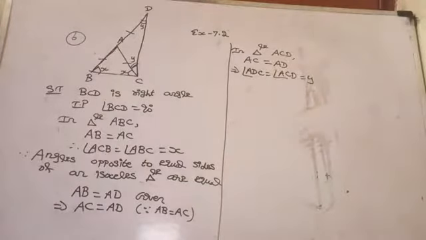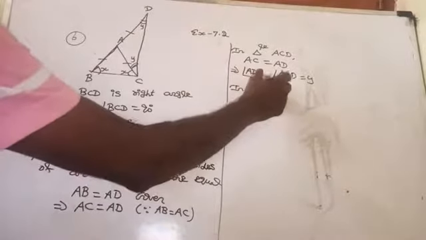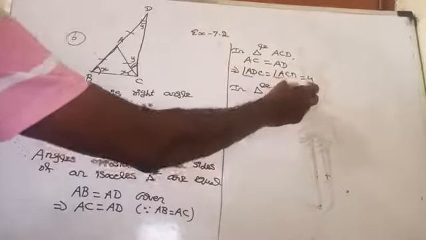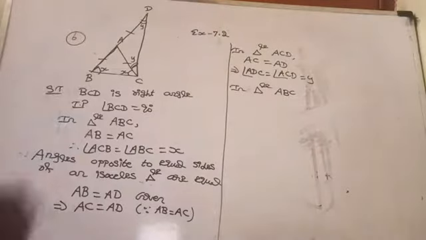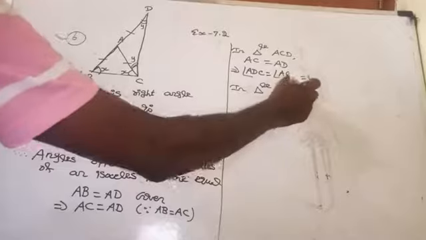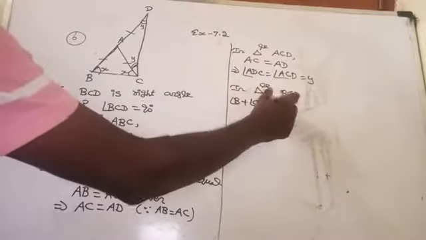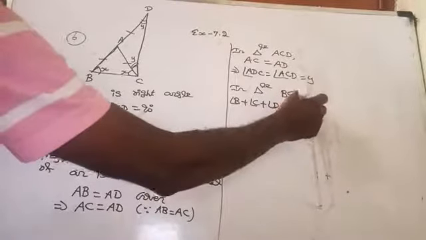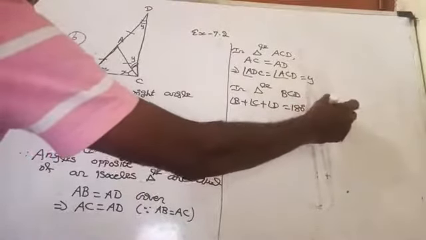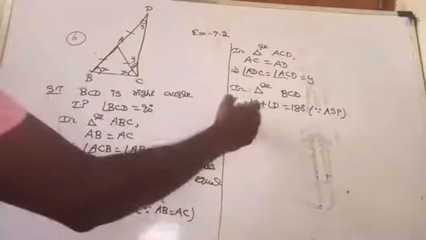Now in triangle BCD, angle B plus angle C plus angle D equals 180 degrees. Why? Angle sum property of a triangle. Angle B is x.